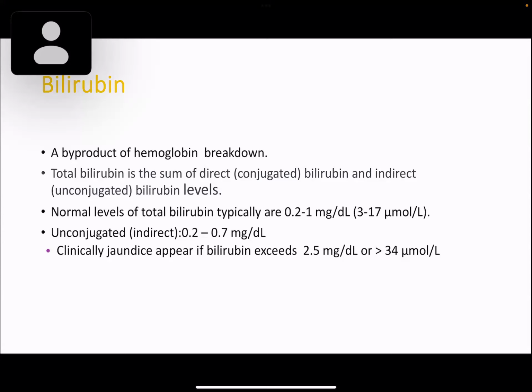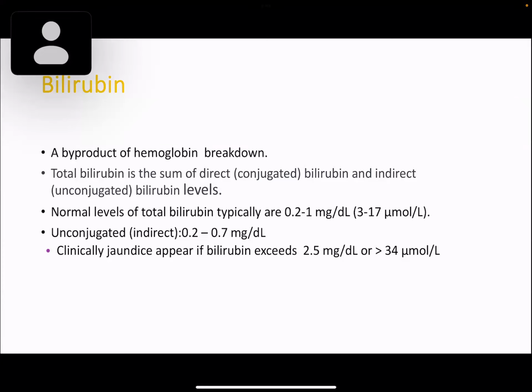Bilirubin can be measured in milligrams per deciliter or micromoles per liter. In terms of milligrams per deciliter, 0.2 up to 1 milligram is considered normal. Regarding micromoles per liter, between 3 and 17 micromoles per liter is considered normal.